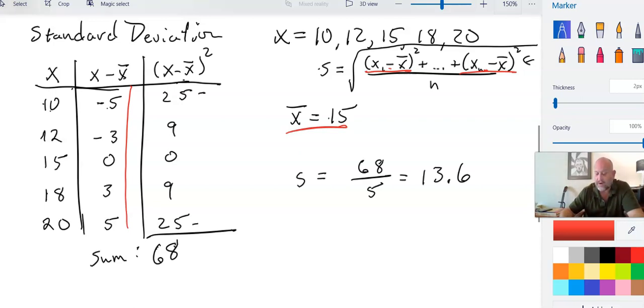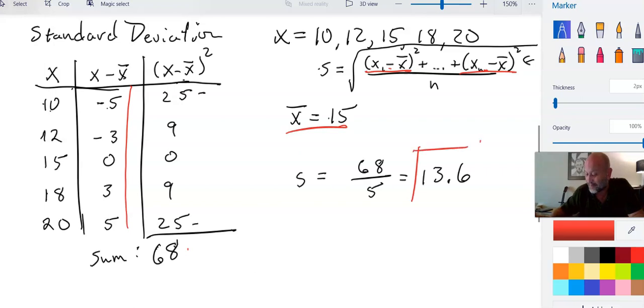Then we square each of those differences, and we add all those numbers up. Right? You notice by squaring it, you make all those differences positive, because anything you square turns positive. So that gives us a positive distance. It really is a distance. And then once we have that and we add everybody up, we just divide by the number of data points we have. Right? And so we got 13.6.